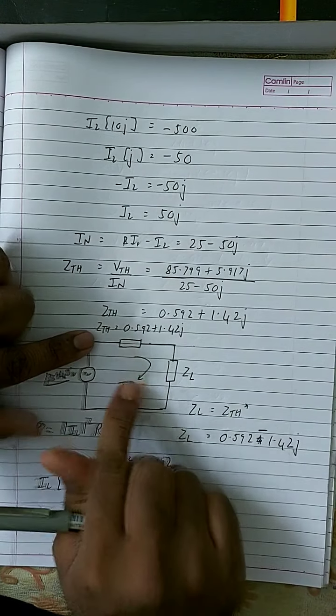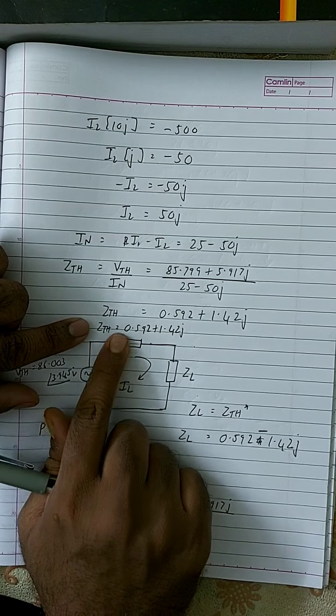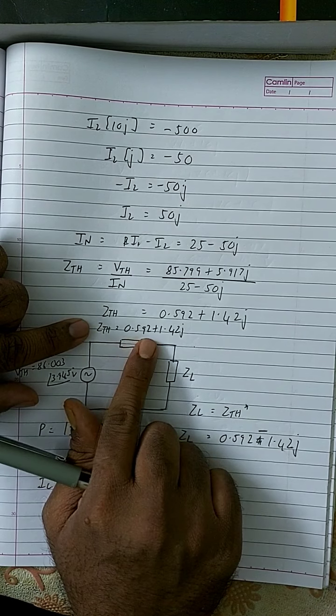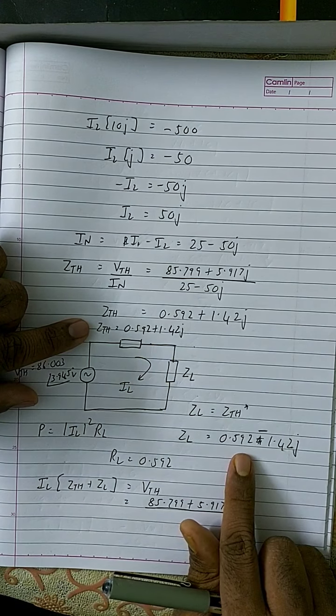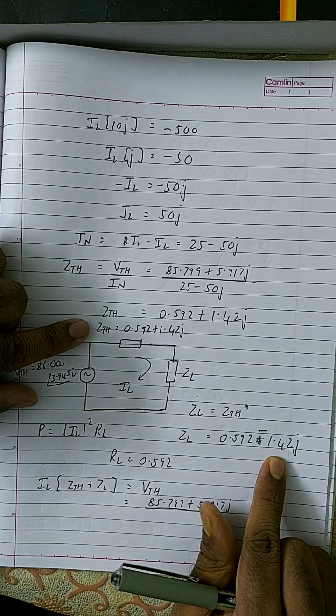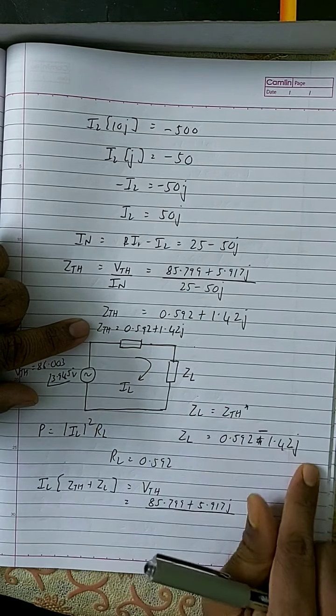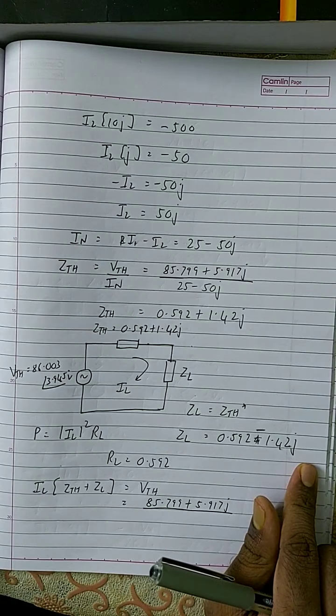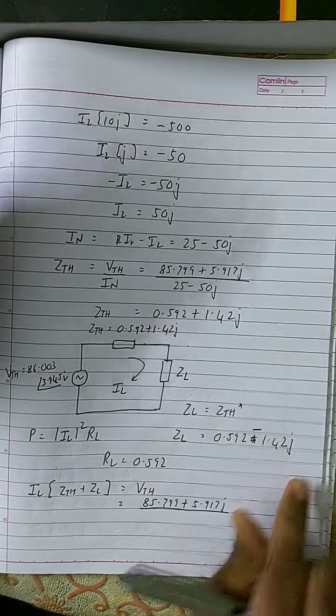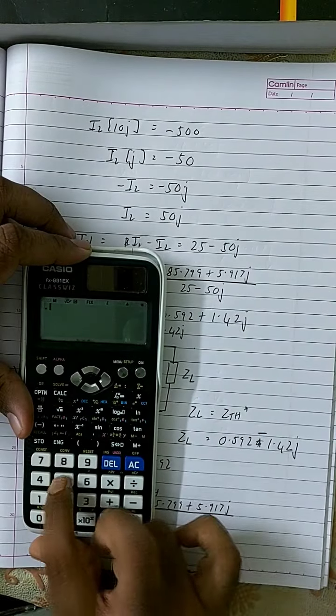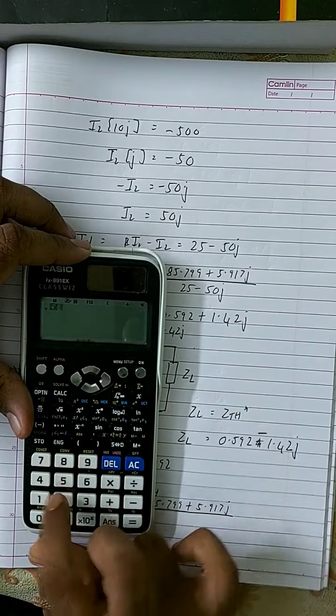If we simply add up the two conjugates, 0.592 plus 1.42J and 0.592 minus 1.42J, the imaginary parts will cancel each other, so you will have 0.592 into 2, which is 1.184. Therefore this is divided by 1.184.